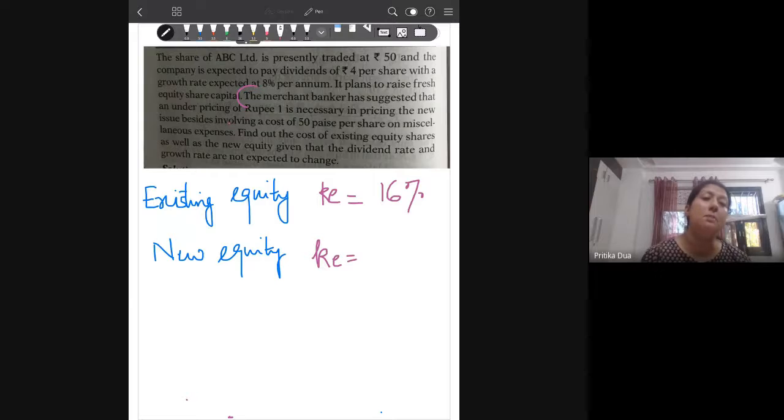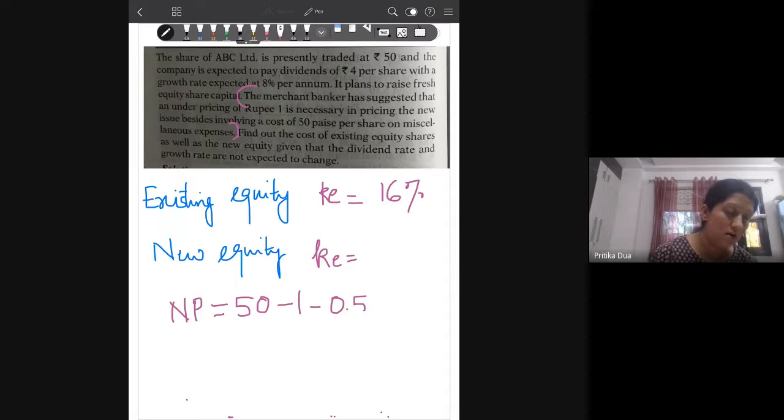So for coming up with the new issue, the merchant banker has said that the price of the share now should be underpriced by 1 rupee. So now you need to come up with a fresh issue at a lower price. Also, there will be a 50 paisa cost per share on miscellaneous expenses. So your net proceeds will come to 48.5.